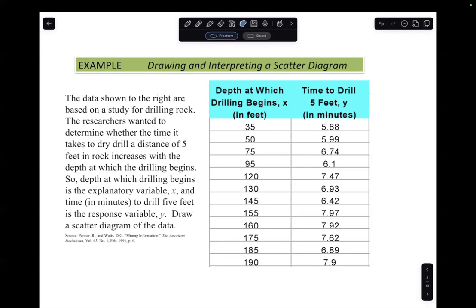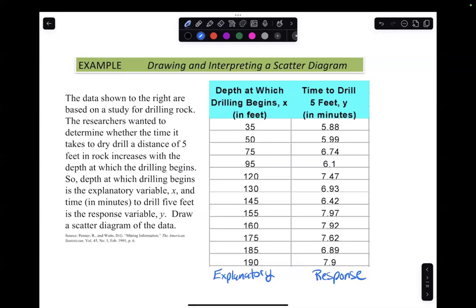So our explanatory variable is the variable that makes something happen. So this right here would be our explanatory, and then this is the response.